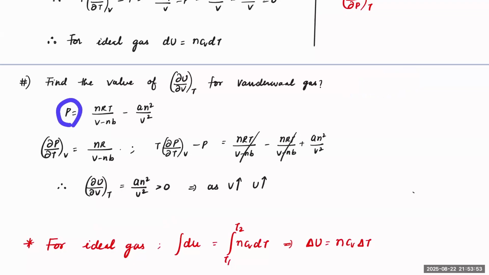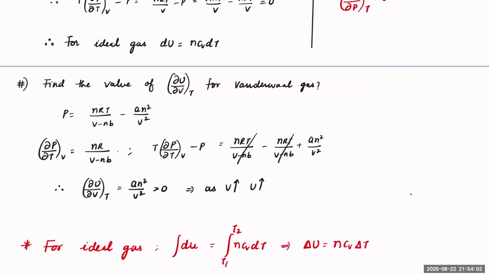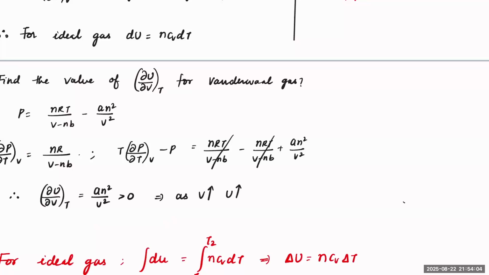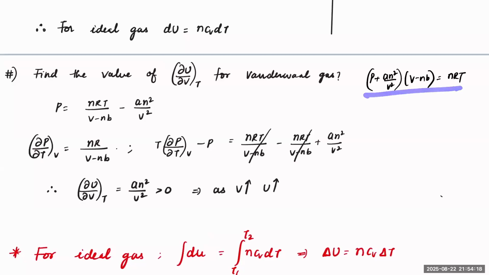We know that pressure will be equal to nRT by (V minus nb) minus a n square by V square, because the actual equation is (P plus a n square by V square) into (V minus nb) equals nRT. This is the van der Waals real gas equation, and if you write everything in terms of pressure, this is what you will get.